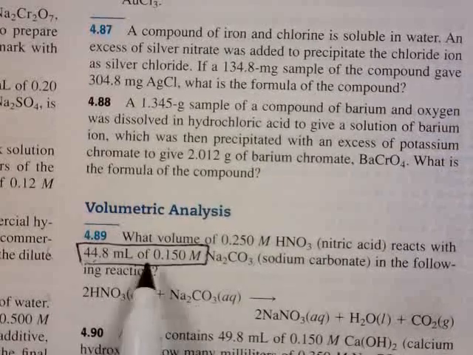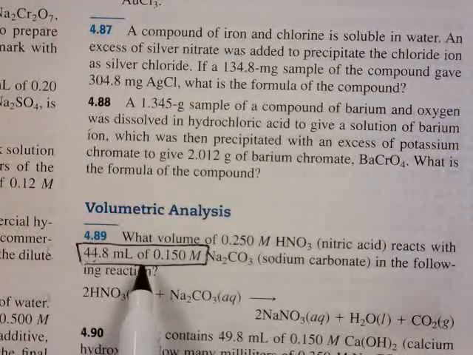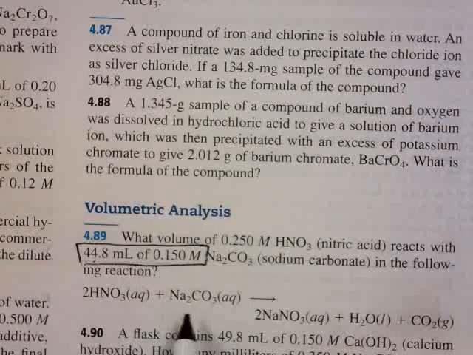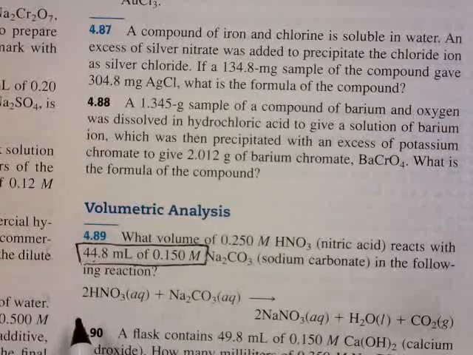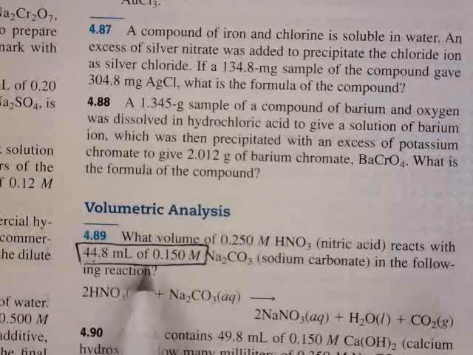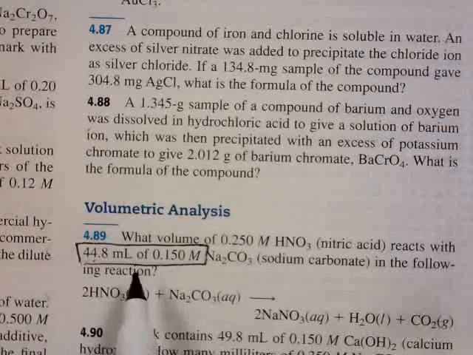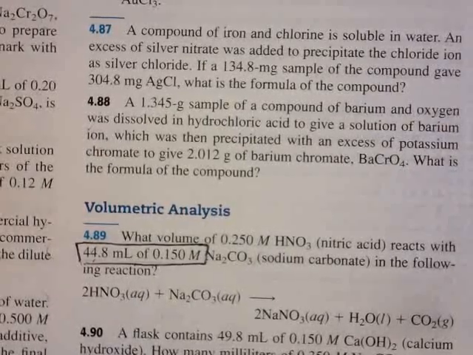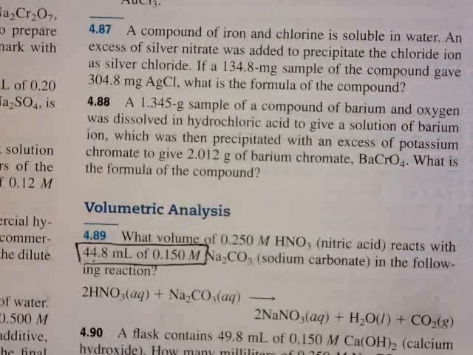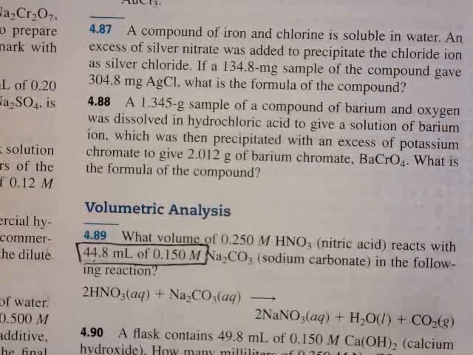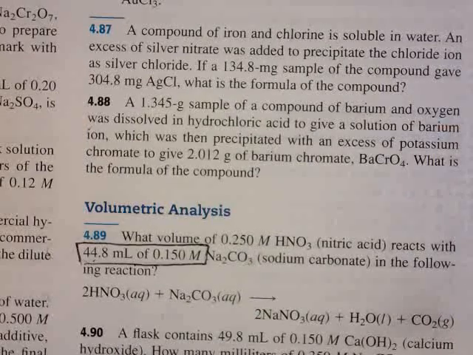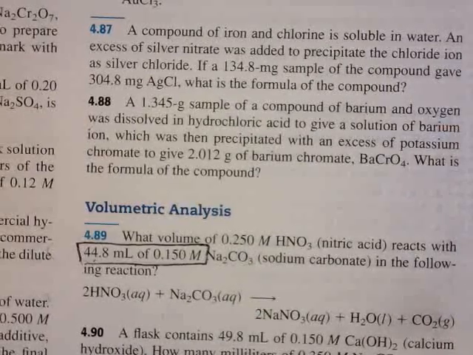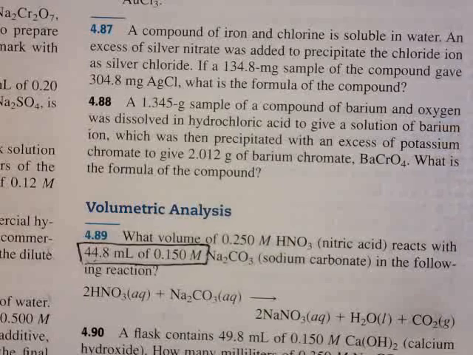Well, you need to take those numbers and convert them into moles. So if you know the moles of this one, it takes twice as much nitric acid in the reaction. Now, how do you take that kind of data? If you see those two numbers together, a concentration term and a volume term, what do you do with it? You multiply molarity times volume, but the volume has to be in liters. That will give you the moles of solute in solution.